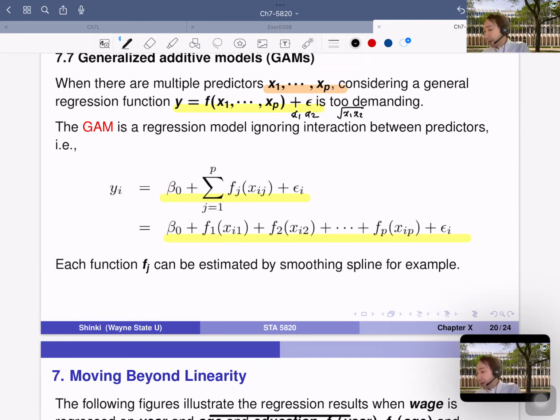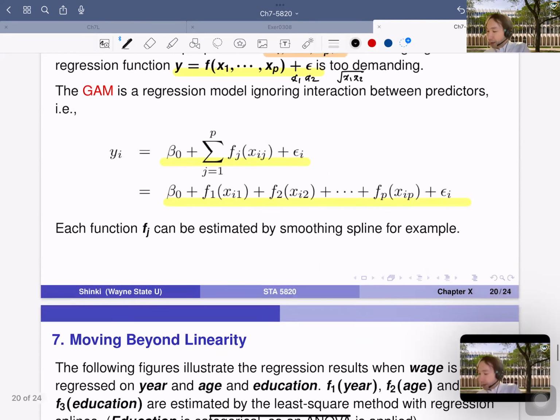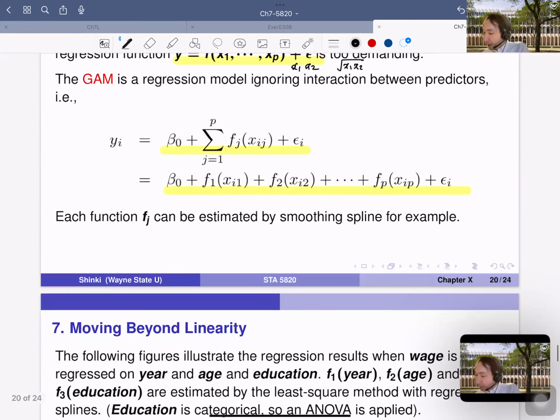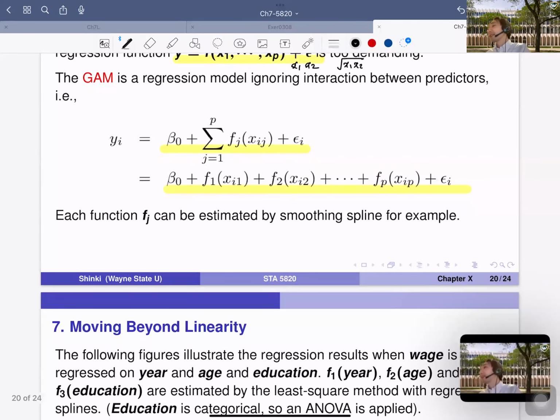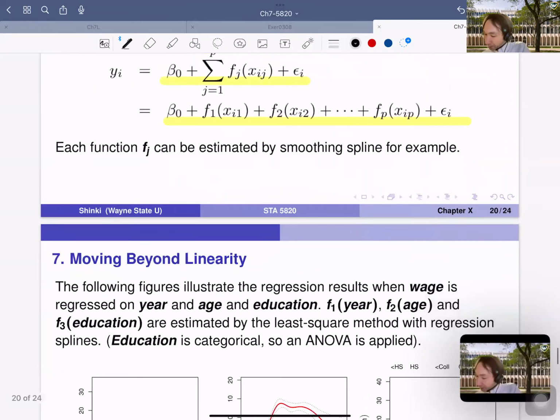I don't know which is better, but then we can consider interaction between x1 and x2. Interaction means two variables affect each other. For example, in an agricultural example, the fertilizer works only if sunlight is not enough, or something like that. Or maybe in baseball games, the southpaw pitches well against left-handed batters, or something like that.